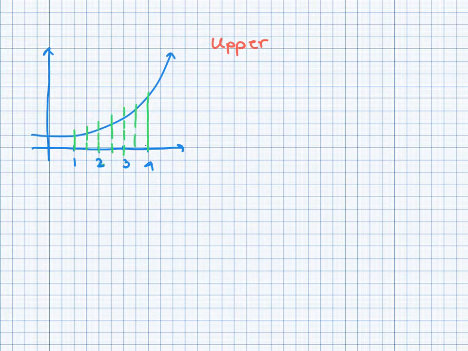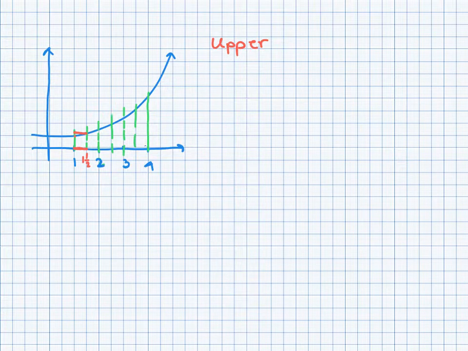rectangle, so we're going to create different rectangles. Pretty much what we're looking for in this interval between 1 and 1.5 is the maximum value of the curve on that interval. So this or this, we can say this one is higher, so we're going to create a rectangle.